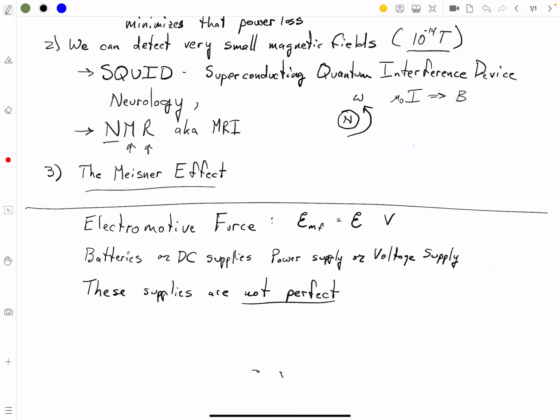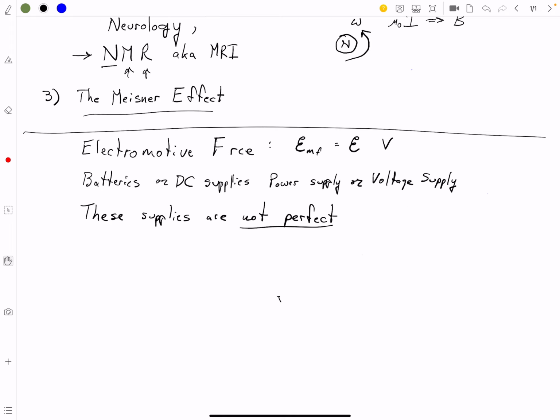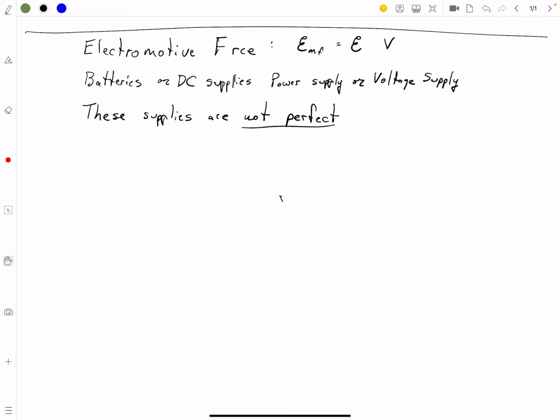They're not perfect. Since they're not perfect, what does that mean? Not being perfect in a conductivity sense means, what happened to the O? An electromagnetic force. It just means there's internal resistance, right?